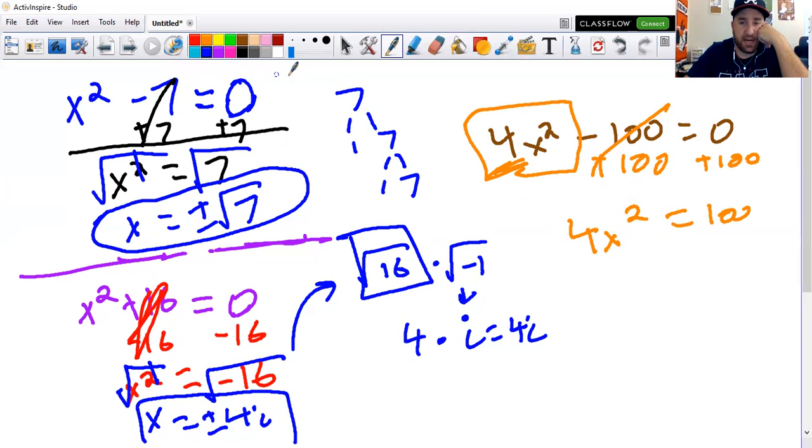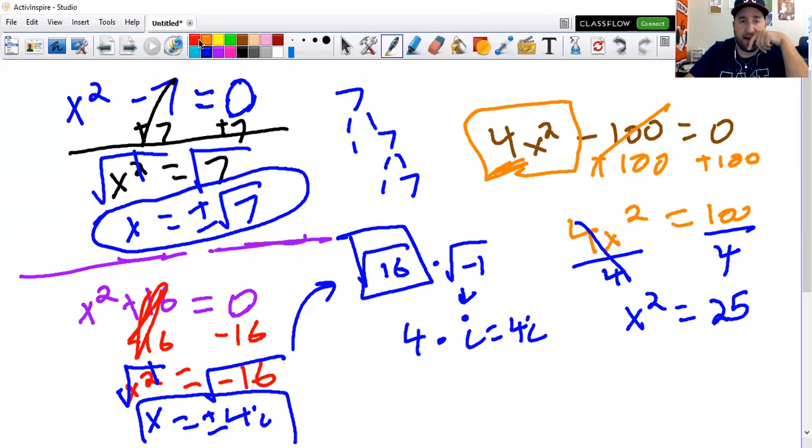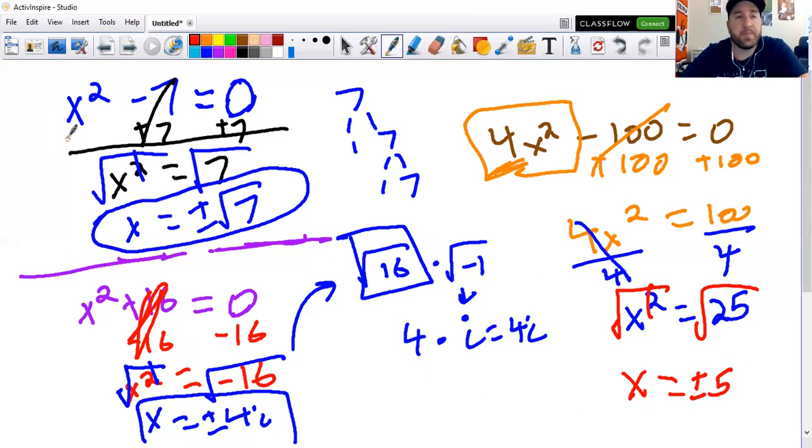And again, remember, I'm trying to get the x squared by itself. So I have to divide by 4 because this is 4 times x squared. 100 divided by 4 is 25. Square root both sides. Gives me x equals 5. And again, stick the plus minus out in front.